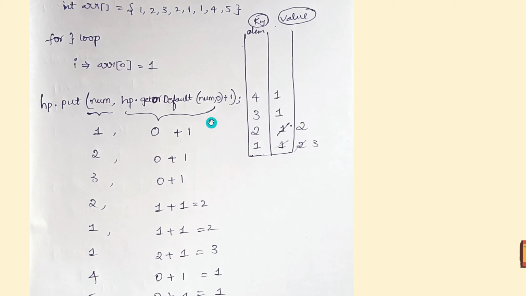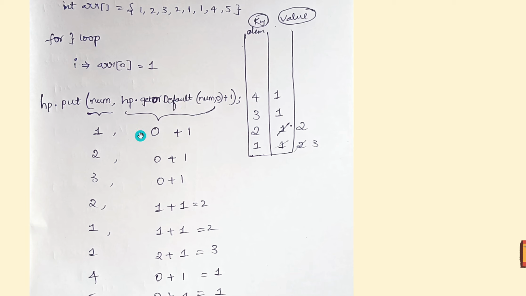I will make you understand in a better way. You are traversing the array, and your index is at index 0. Initially there is no element in the HashMap. Your first element is 1, and it is not present in the HashMap. It checks hp.getOrDefault whether 1 is present or not.